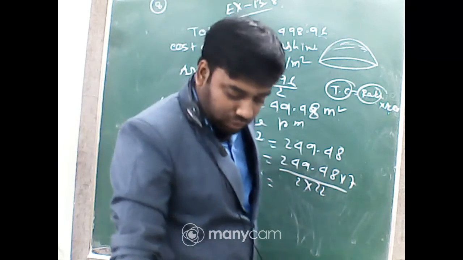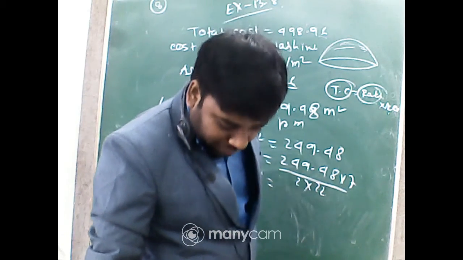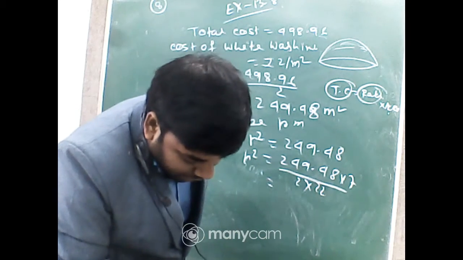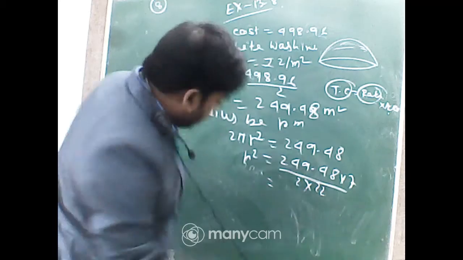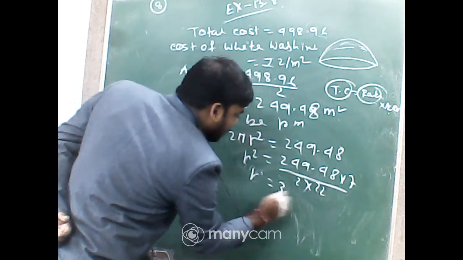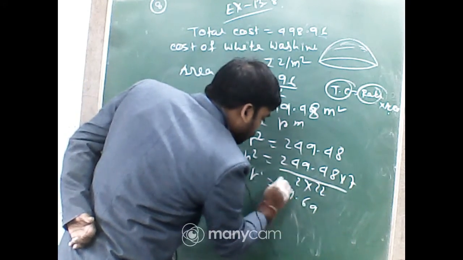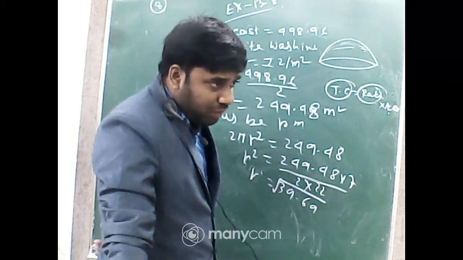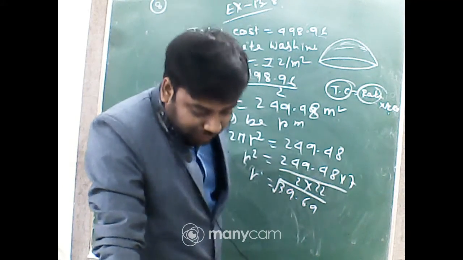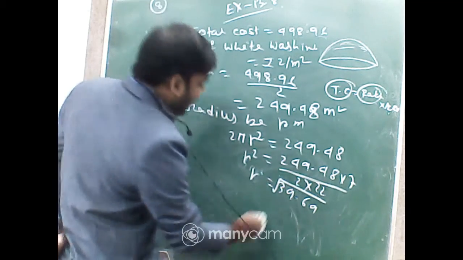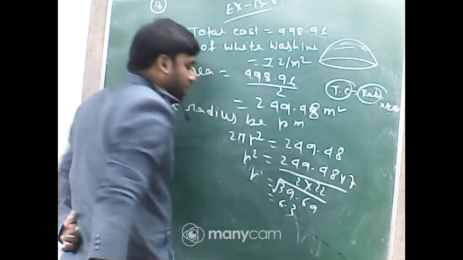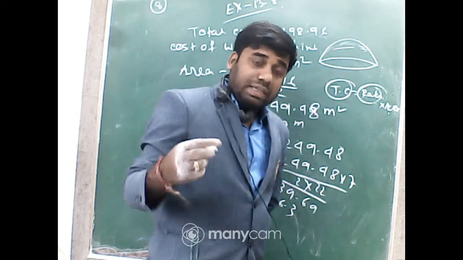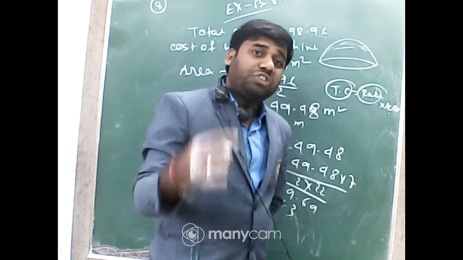What will be the value? It will be 39.69. R equals the square root of 39.69, and you will get 6.3. So what is the radius of that dome? That is 6.3 meter.